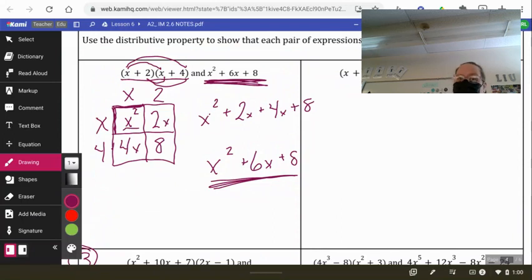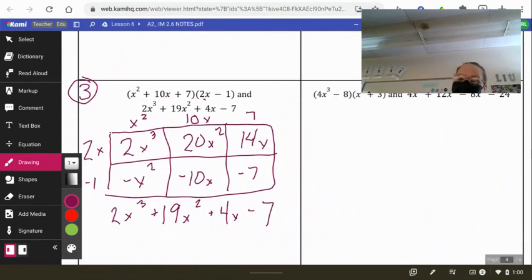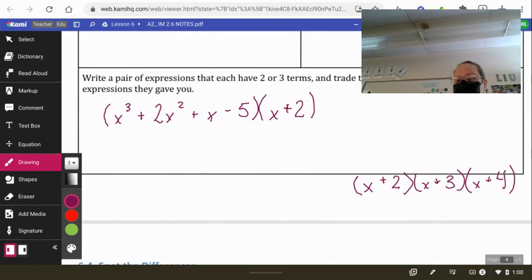You know how to multiply those. What happens as it gets bigger, right? It's a lot of the same principles, but what happened as our multiplication changed? When it wasn't a 2x2, what happened to our box, or what happened to our multiplication? It just had more steps, right? It got bigger.